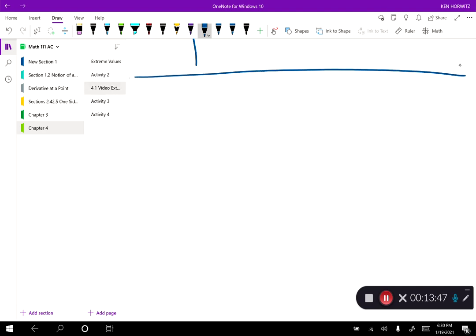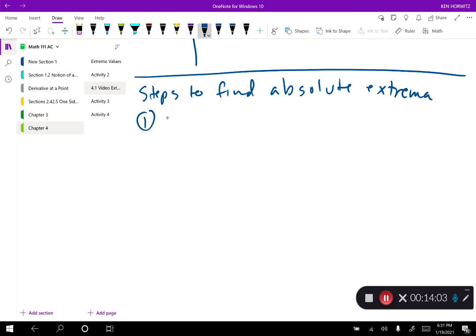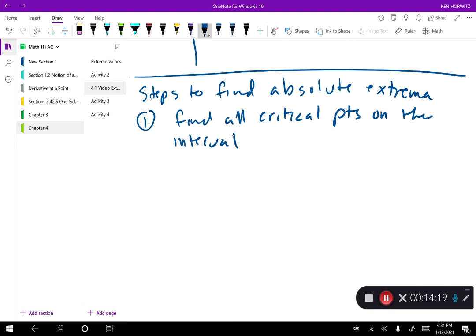Steps to find absolute extrema. So the first step would be to find critical points on the interval. Remember, these are all on closed intervals, so we're looking for critical points. The second is evaluate.